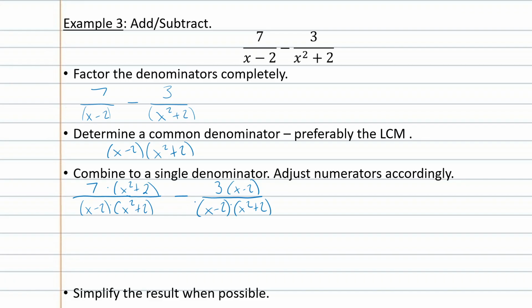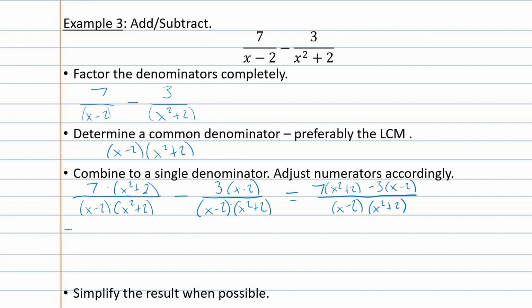Now that they have the same denominator, we can technically combine the numerator. So the numerator here should combine to 7 times x squared plus 2 minus 3 times x minus 2, all over x minus 2 times x squared plus 2. Now, we have to simplify that numerator.